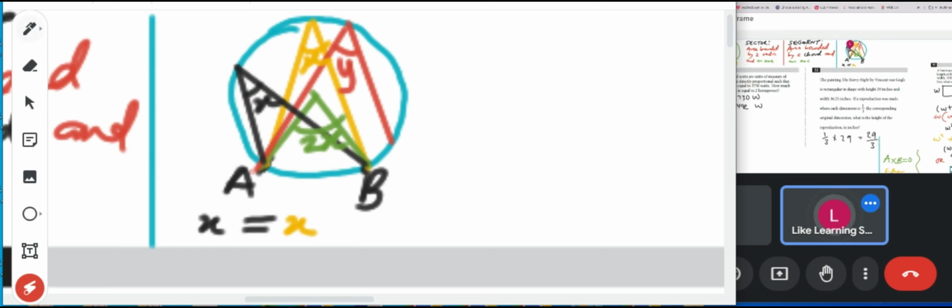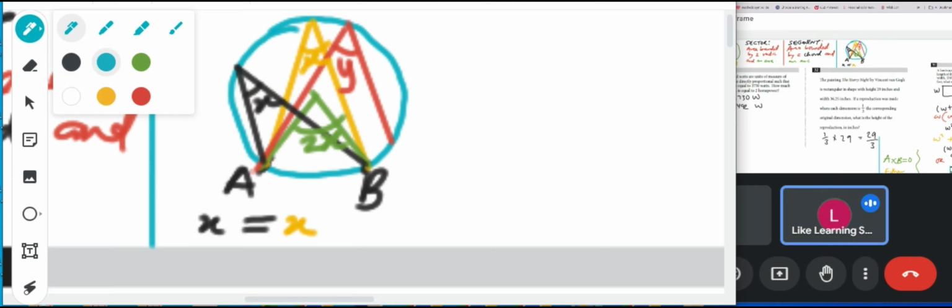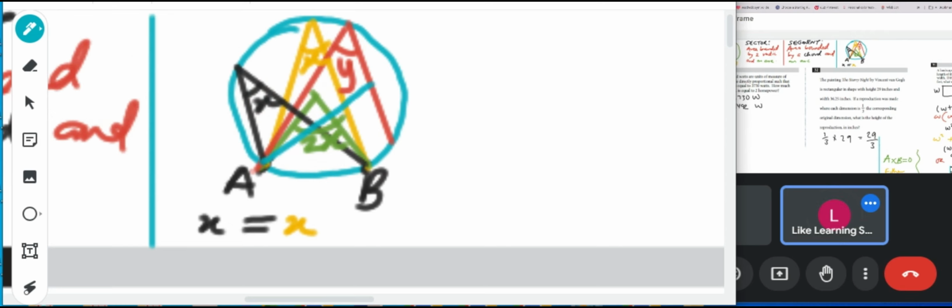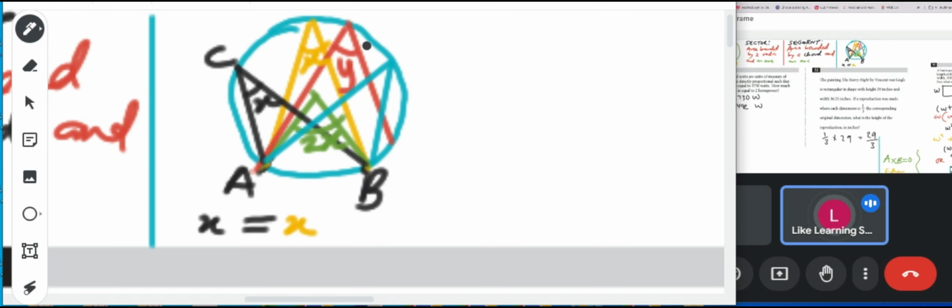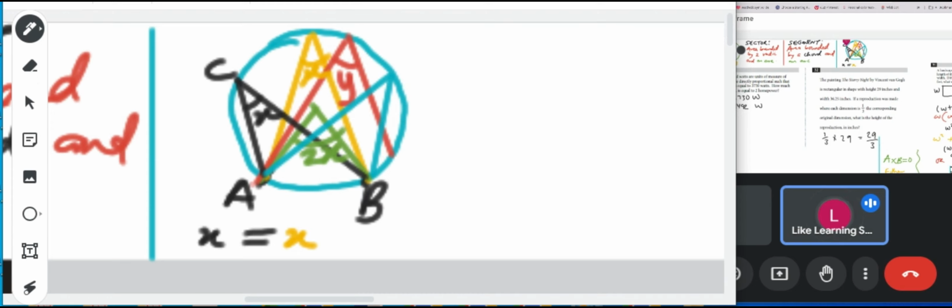If I had a blue one, which makes this a bit more mutilated, sorry, let me label this so that you will get this concept once and for all. I'll call this C, E, F. This is F. G.